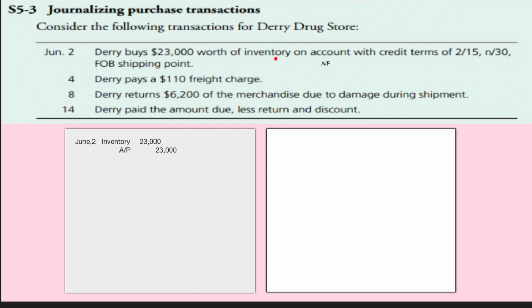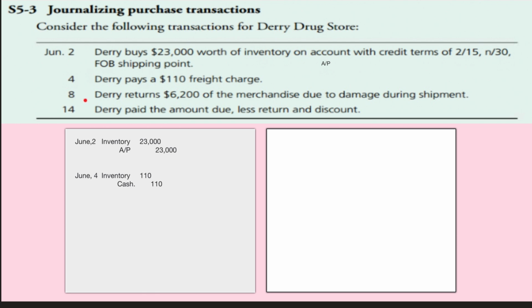So he's gonna add it to the inventory cost. So inventory will be in the debit side, cash will be in the credit side. Again, for the account to be credited, you need to leave a space. Okay, now let's go to the next one.